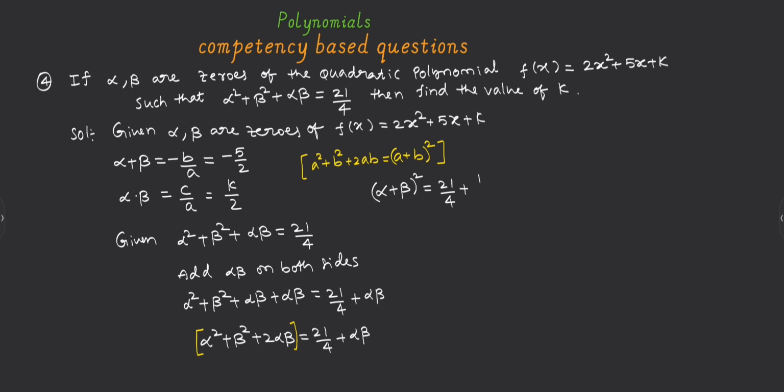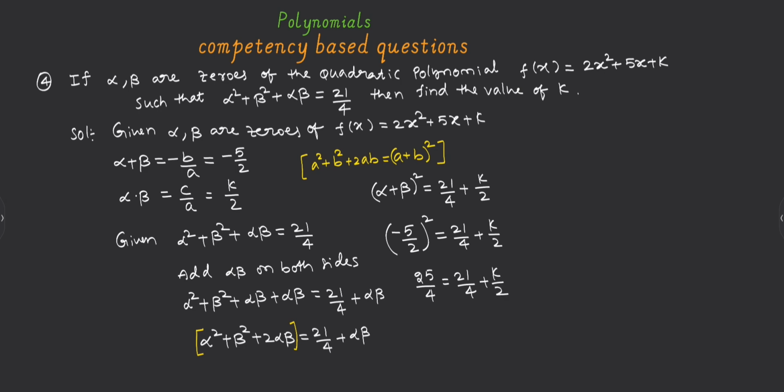Alpha into beta is k by 2, so we can write k by 2 here, and alpha plus beta whole square is minus 5 by 2 whole square. Minus 5 by 2 whole square is equal to 21 by 4 plus k by 2. Now this is 25 by 4 is equal to 21 by 4 plus k by 2.